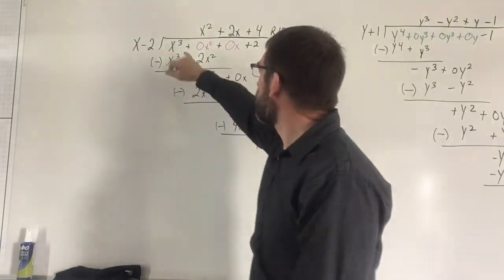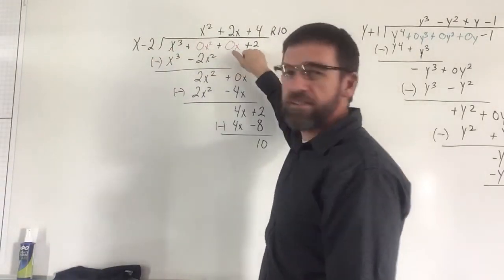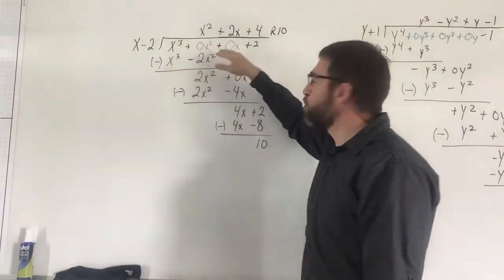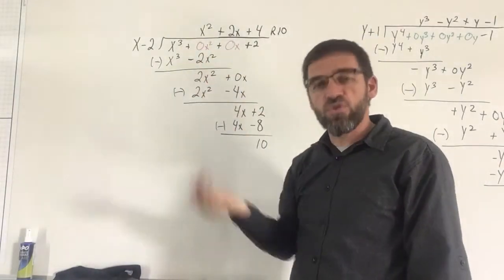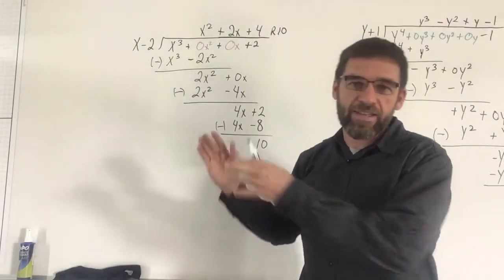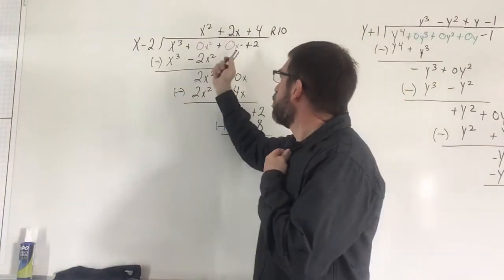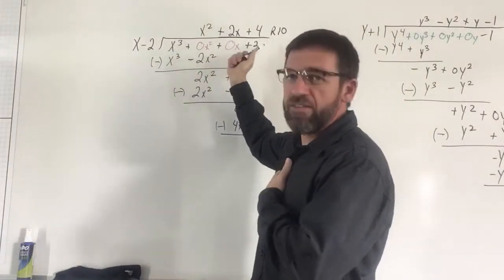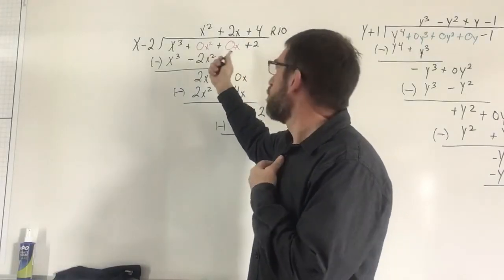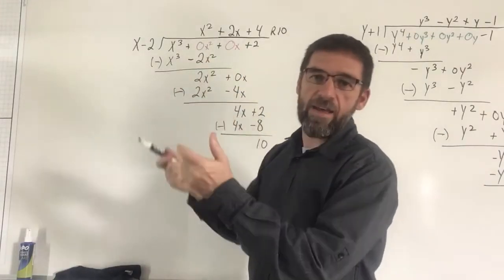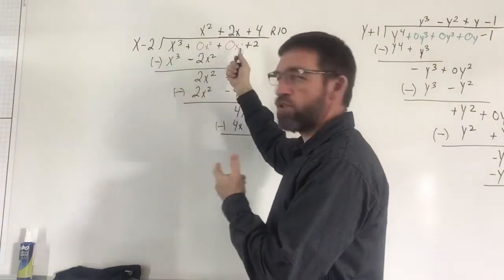So in your problem you had x^3 plus 2. So any term that you didn't have in here, you have to fill in with a 0 times x to that power. So I knew to put in 0x^2 and 0x because I had an x^3 and nothing for those terms.